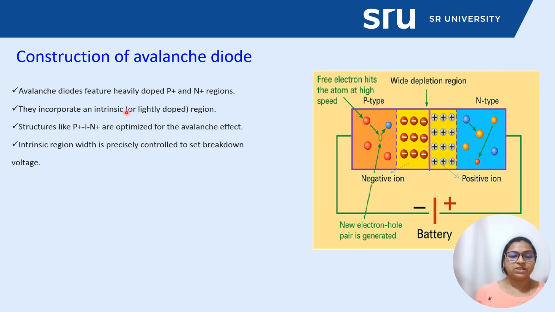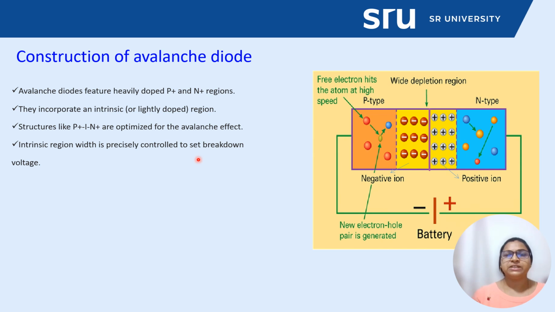The avalanche diode features heavily doped P plus and N plus regions. They operate with an intrinsic or lightly doped region, in a PIN structure, meaning P-type, intrinsic, and N-type, optimized for the avalanche effect.